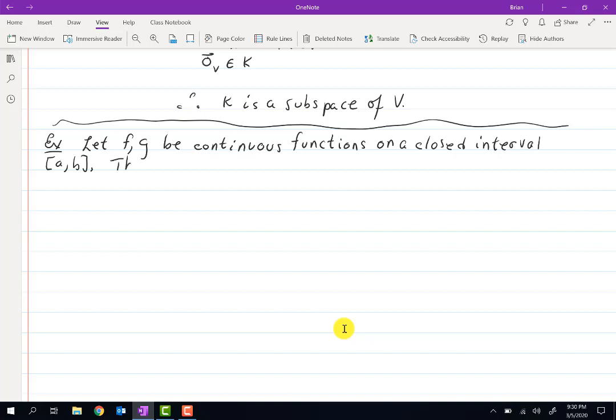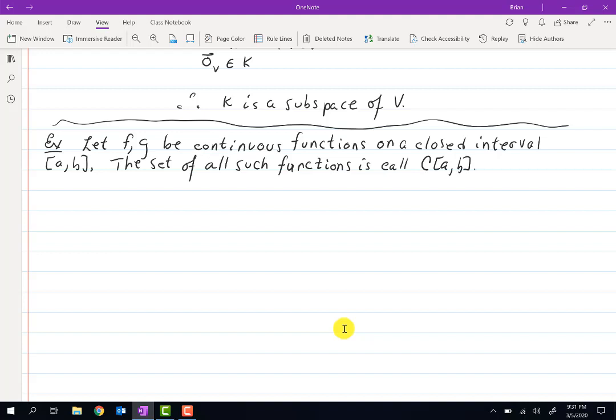The set of all such functions is called capital C of the closed interval [a, b].